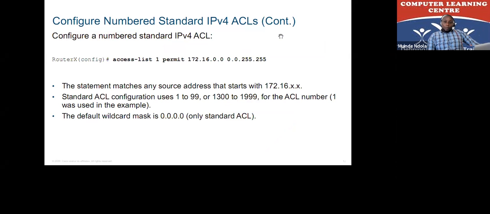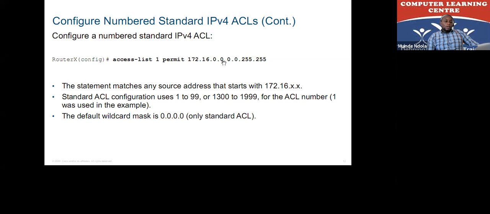Okay, a good example of an access list is this access list 1. That means it is a standard access list, and then permit. The command syntax is always access list, the number, then the action plus the source. So when you say access list 1 permit 172.16.0.0, what will determine what will be allowed here is the wildcard mask.